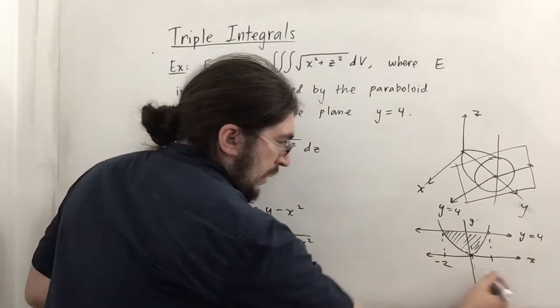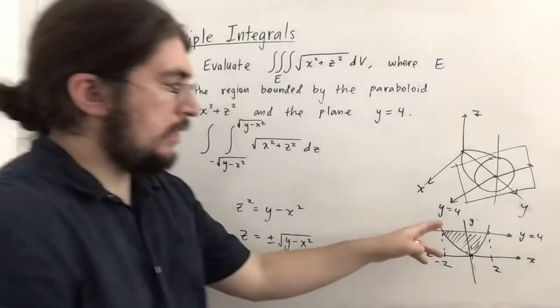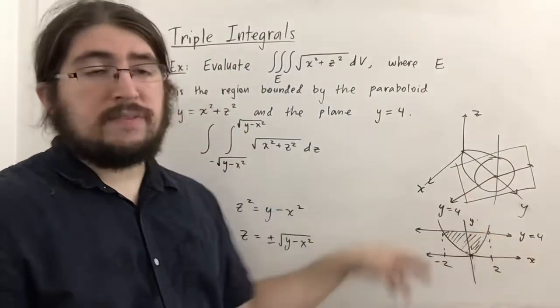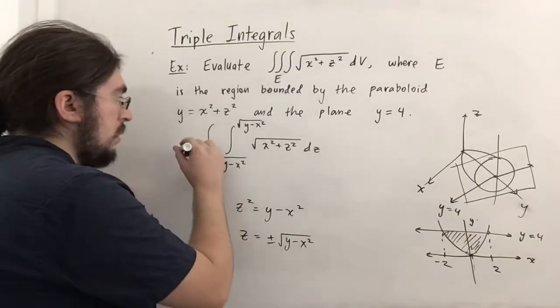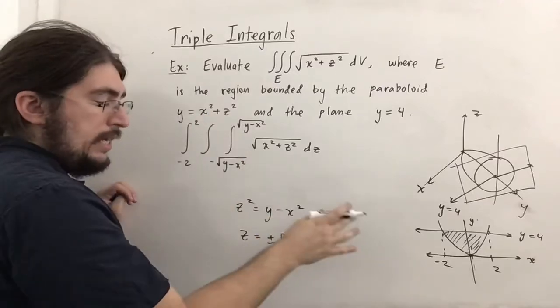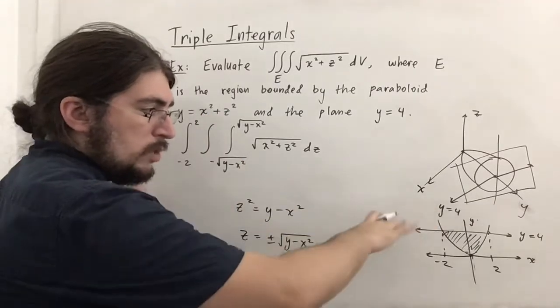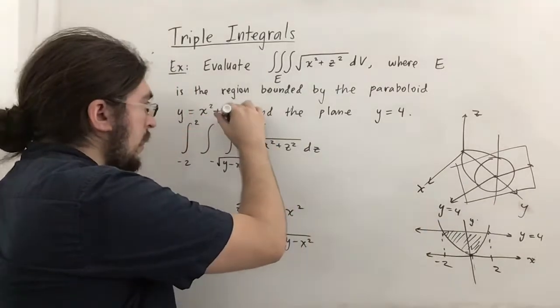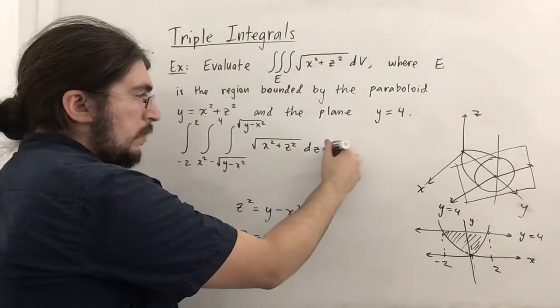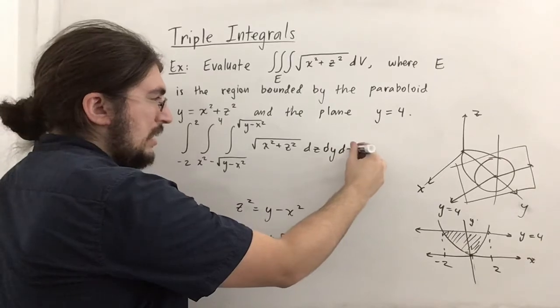Well, x will have to be between negative 2 and 2, so that when you plug it into the parabola y equals x squared, squaring negative 2 and positive 2 gives you a y value of 4 each. So our x will be our last integral, which is from negative 2 to 2. And then for the y's, the largest y can be in this region is 4, and the lowest it can be is hitting the parabola y equals x squared. So we're going to do dy first, and then dx.